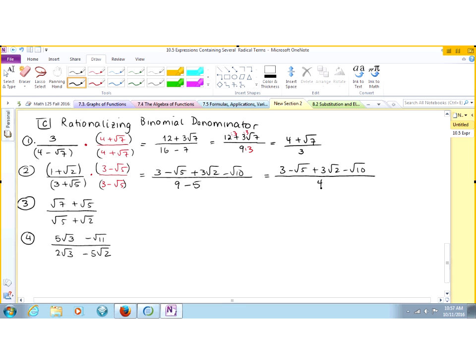Is it for number 1 or number 2? So number 2, when it's like 9 minus 5. No, you can't. Okay, let me do this. Suppose I have 3 plus 1 divided by 3. Can you divide these? No, right? Why not? What is 3 plus 1 divided by 3? 4 over 3. Yes. So you can't divide those and then say, oh, I'm left with 1.